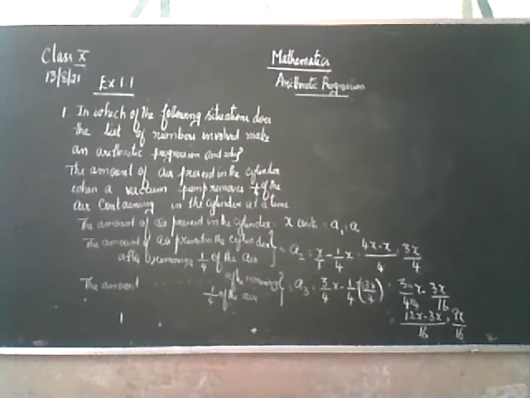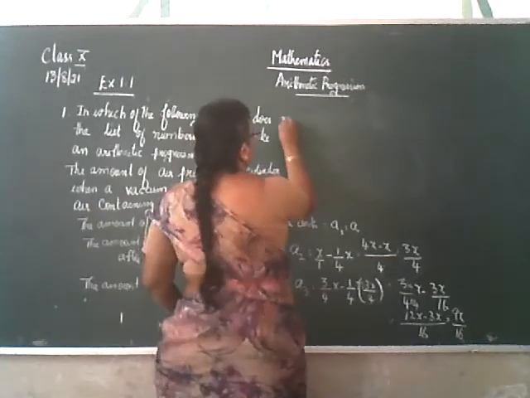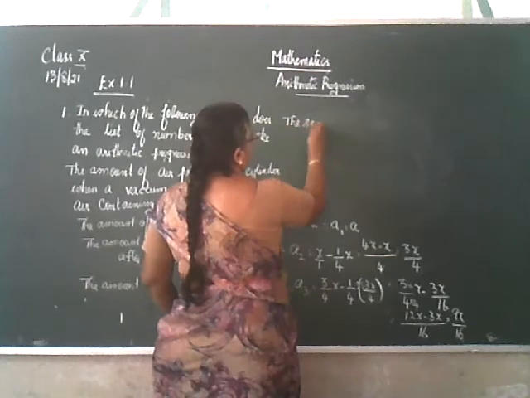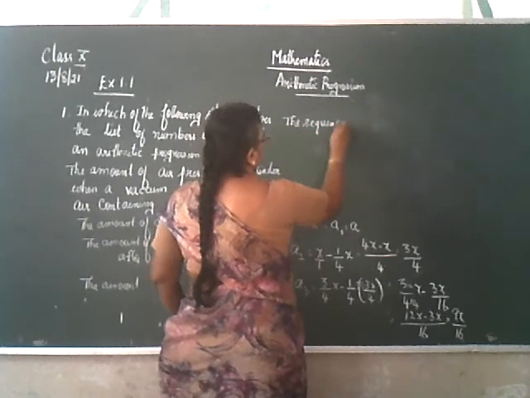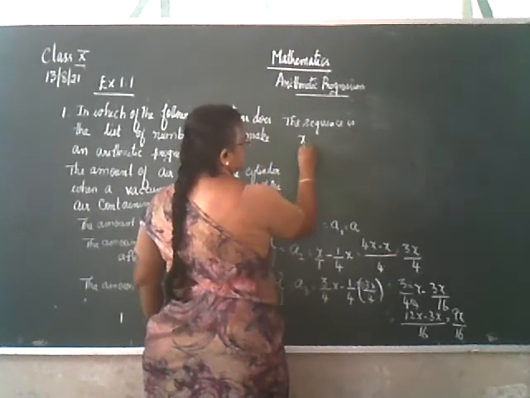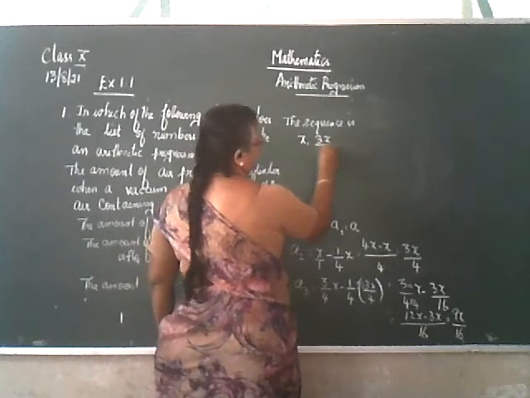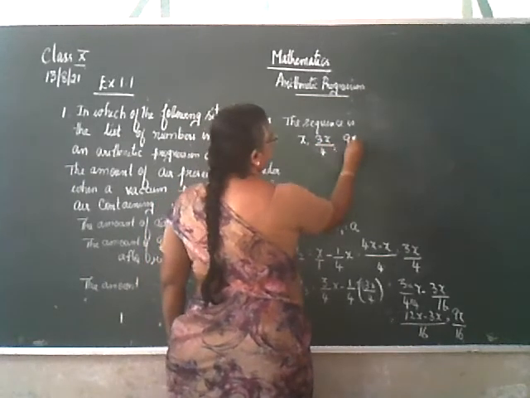Isn't it? So I will have 9x by 16. So now I got the first thing, it is x. Afterwards it is 3x by 4. Then it is 9x by 16. So I will have the sequence x, 3x by 4, 9x by 16.